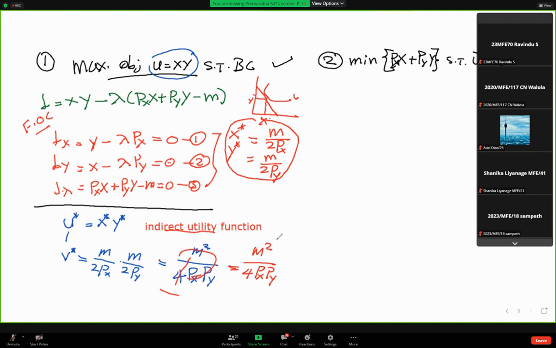Since it's a duality, this indirect utility function you can convert into the minimum value expenditure function.